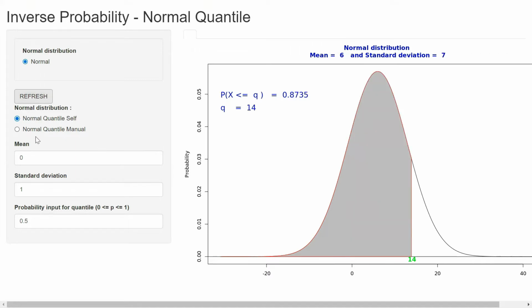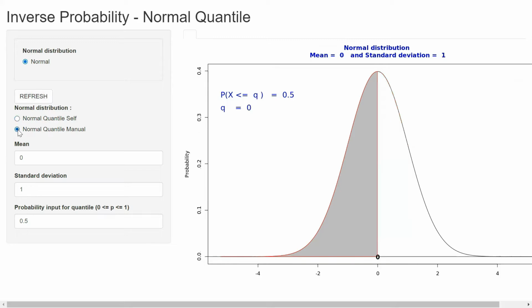Since we are computing quartiles manually, we select this button, normal quantile manual. Let the mean 0 and standard deviation 1 as it is. In the probability input box, the default value 0.5 is for second quartile. The value 0 can be seen in the display panel. Change this 0.5 to 0.25 for the first quartile.